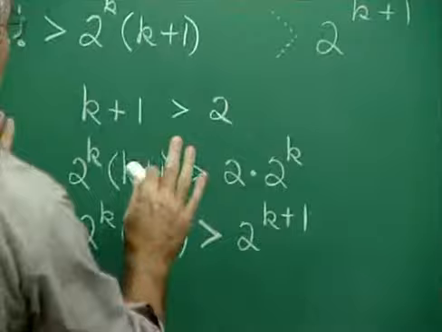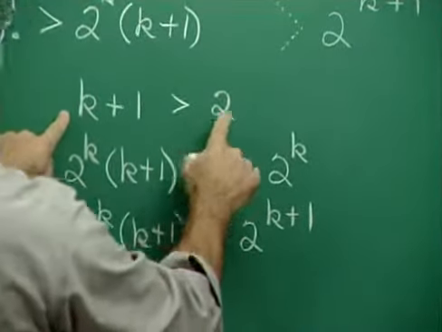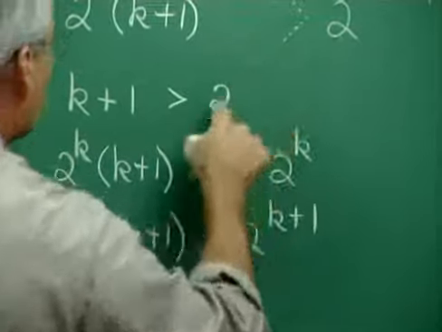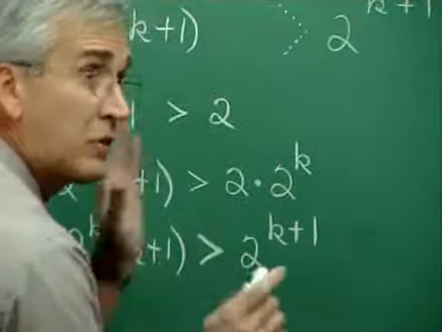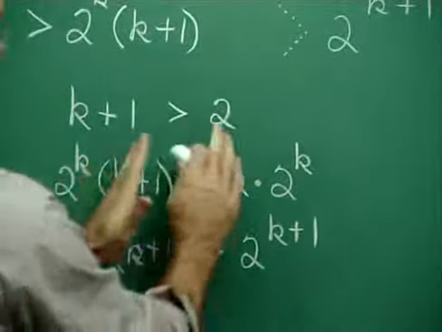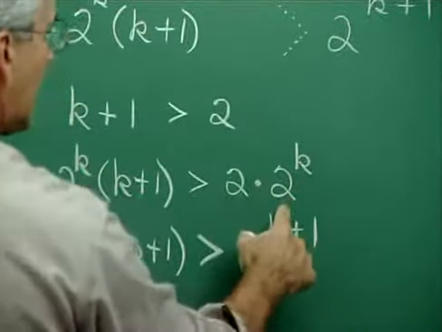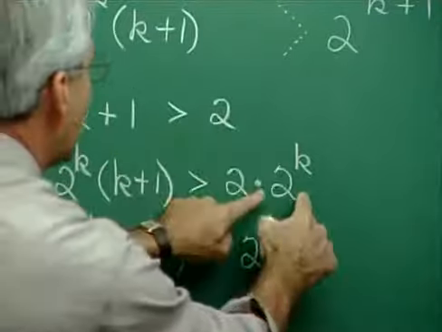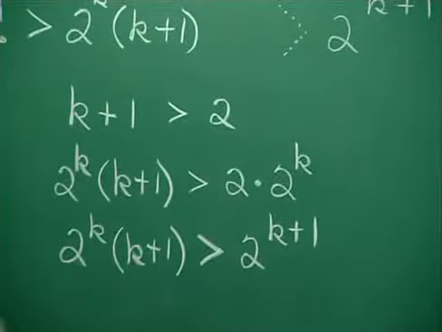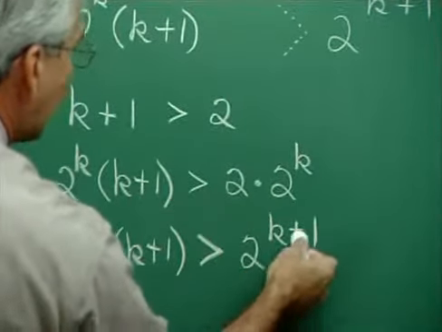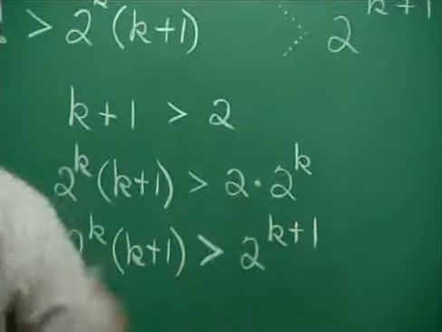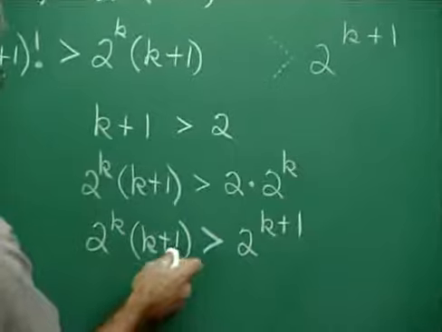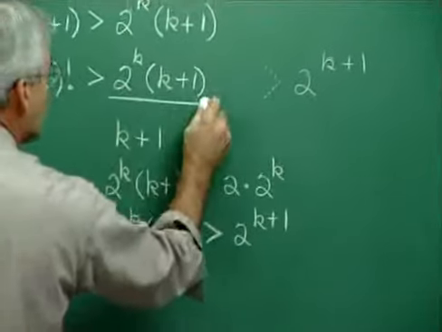Now I'm noticing I need a lot more factors over here to get to that kind of form. That's what I'm after, and so I'll multiply on both sides by 2 to the k power. Multiplying this by 2 to the k, and over here by 2 to the k. And lo and behold, over here I have 2 to the k plus 1, which is exactly what I'm after. And on the left I have 2 to the k times k plus 1, which is this.